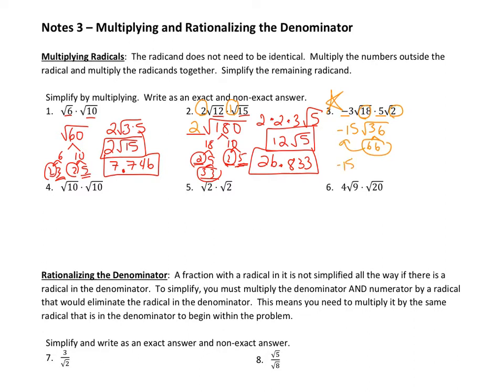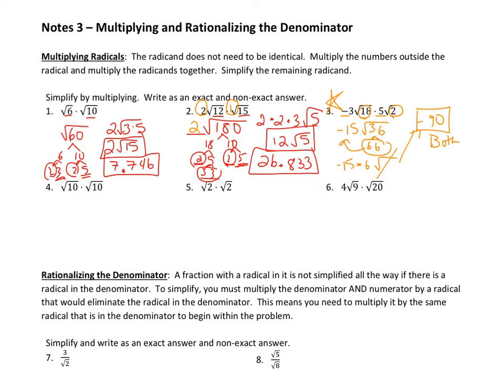So you have a negative 15 times your 6, and there will be nothing left inside, and that simplifies to a negative 90 when you multiply it, and that is both your exact and your estimated answer.